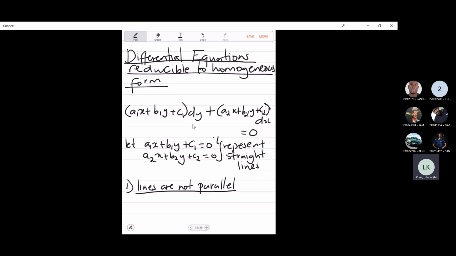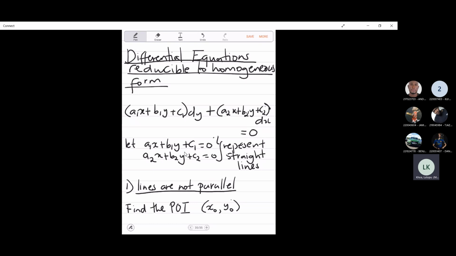What we do is we work out the point of intersection. We call this (x naught, y naught). We solve these two simultaneously.